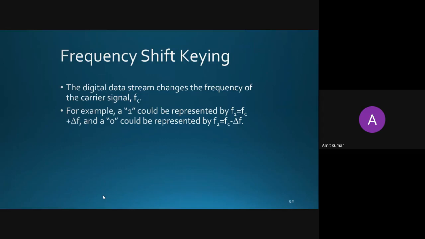The data is going to change the frequency of your carrier signal, and that is known as frequency shifting. Your data can be either one or zero, because it is a binary number.